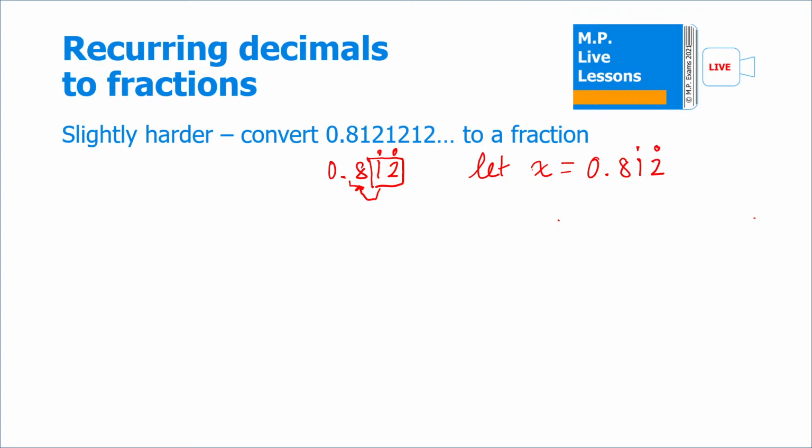Now, if we first multiply this recurring decimal by 10, so x times 10, the decimal point will shift one place to the right to make everything 10 times larger. So you have 8.12, so then this 1, 2 recurs. Now, what we want is one lot of this recurring bit to get to the other side of the decimal point. So we shift the decimal point 2 times to the right again, so that will be 10x times 100, 1000x.